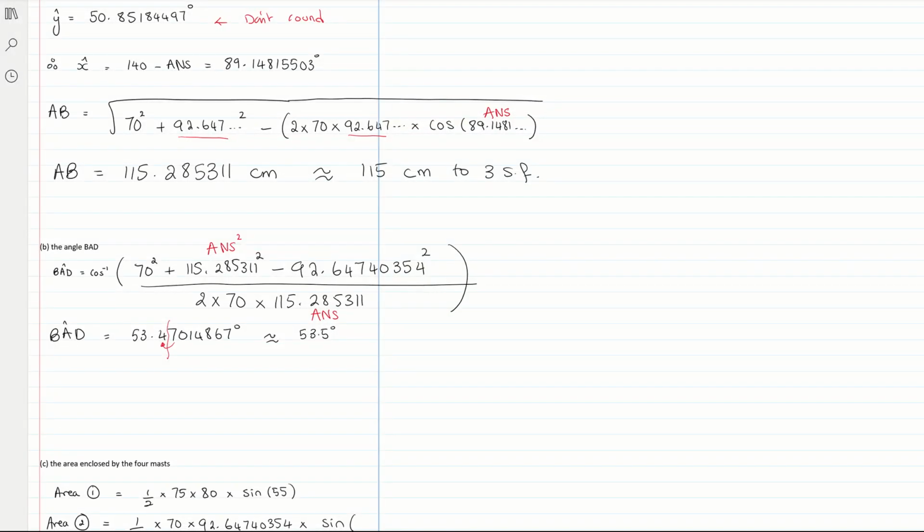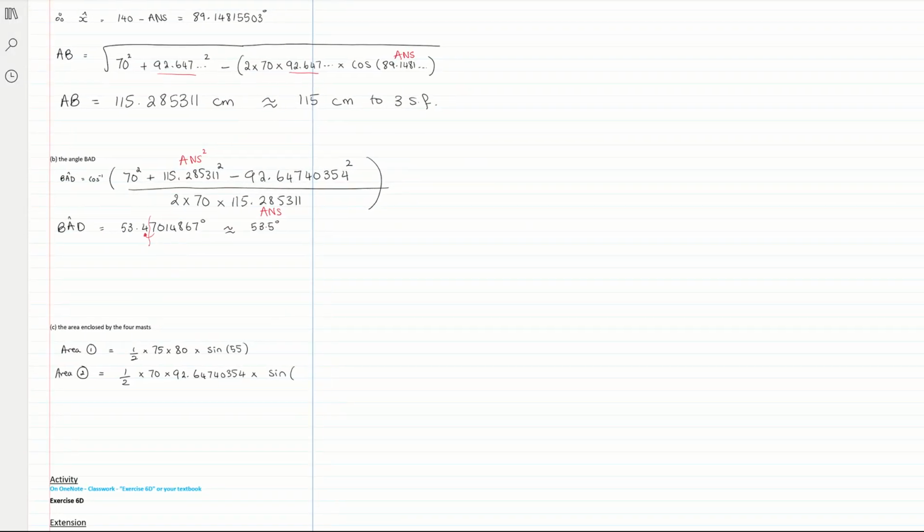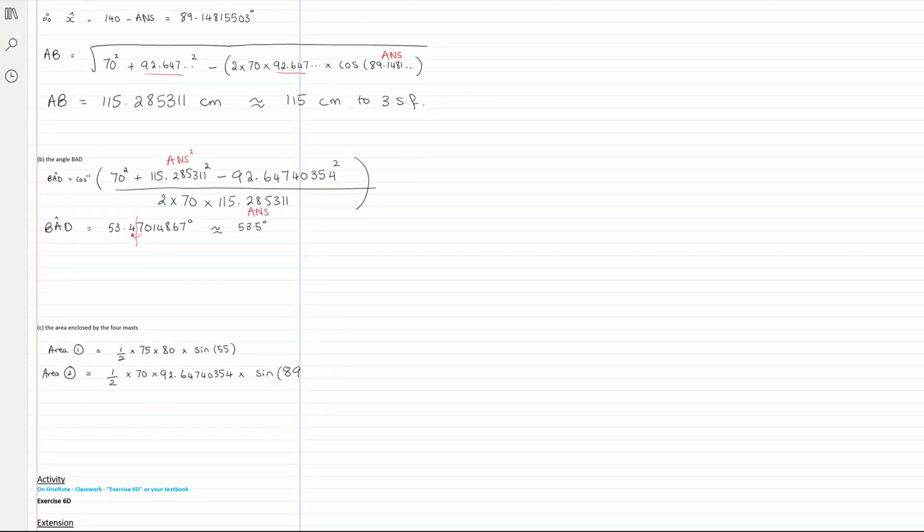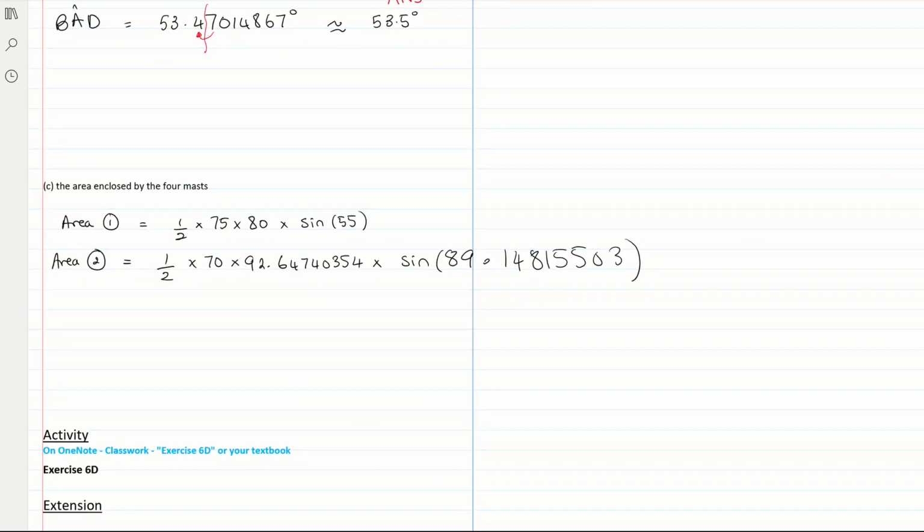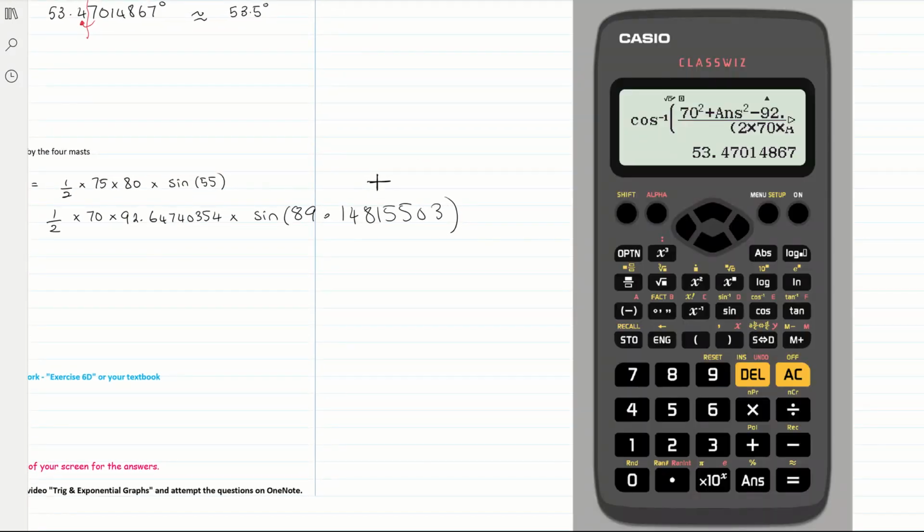So angle x is 89.148155503, and I'm going to add these two together in the calculator.